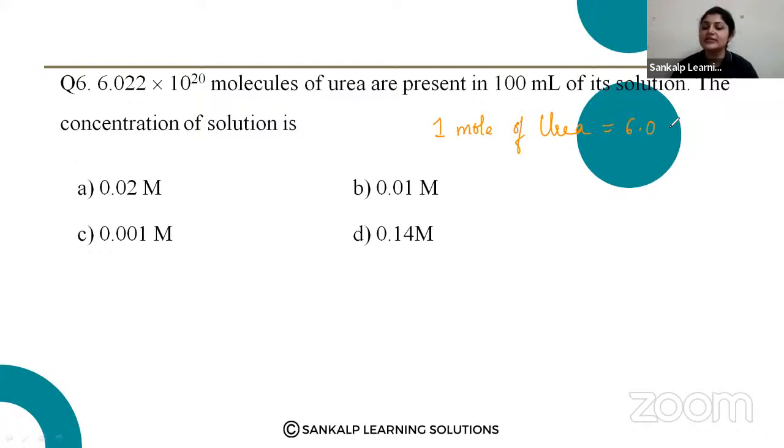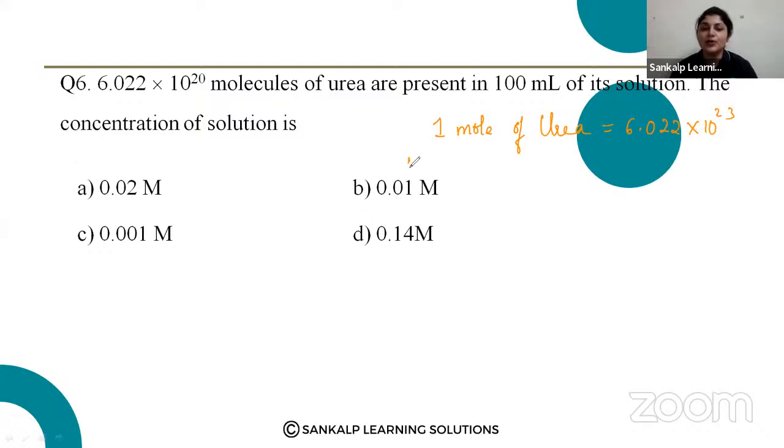Avogadro's number is 6.022 into 10 raised to 23 molecules, right? So 1 mole of urea is equal to 6.022 into 10 raised to 23.